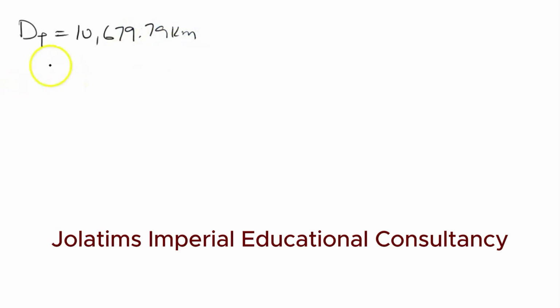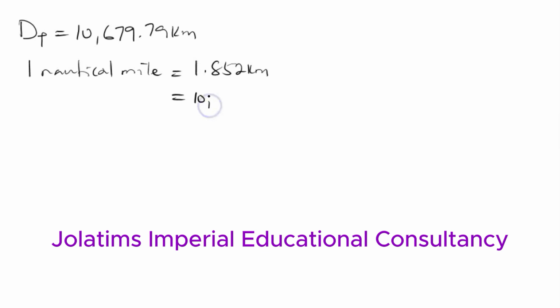We know that, from our previous explanation, 1 nautical mile equals 1.852 kilometers. So what is now going to be 10,679.79 kilometers? Let's assume it's x.